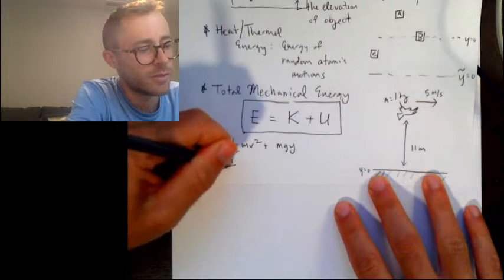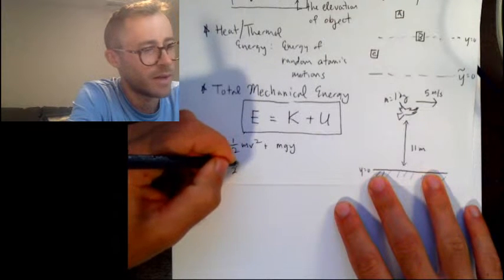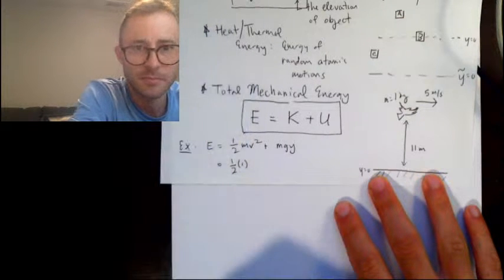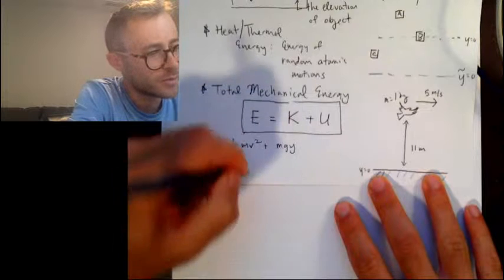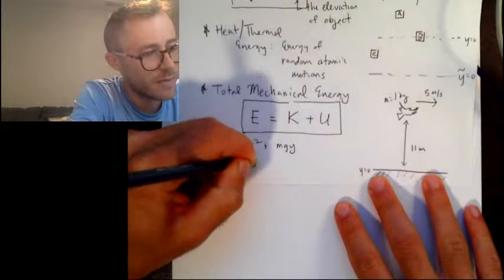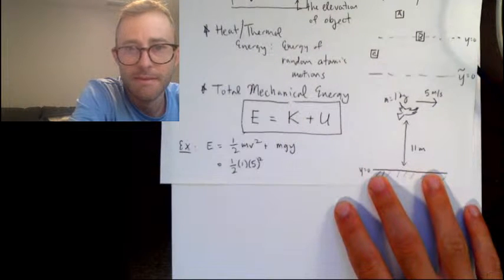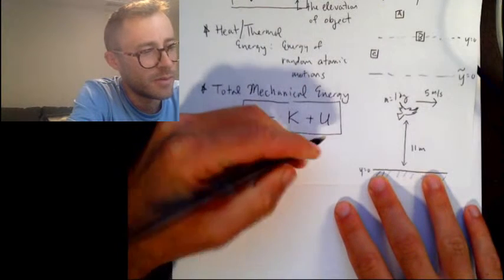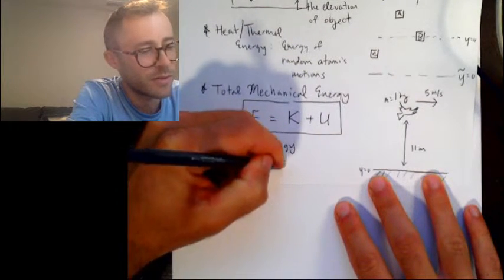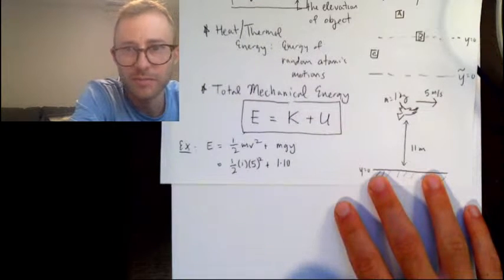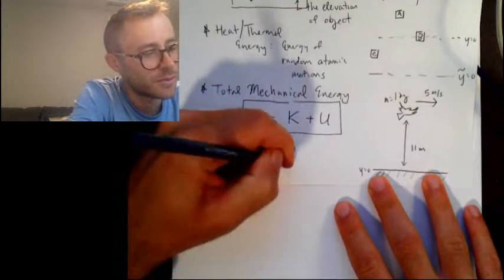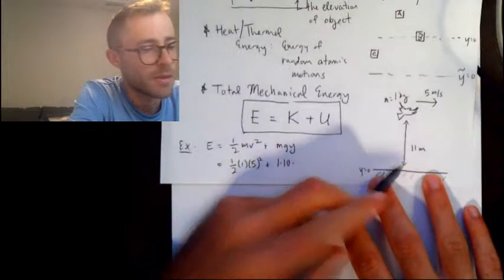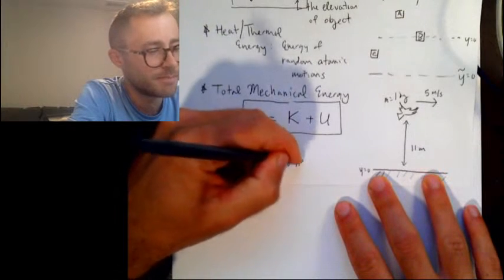So plugging in the numbers, 1/2 times the mass, which is 1, times the speed, which is 5, and I square that, plus m, which is 1, times gravity, this is a bird on Earth, 10, times elevation, which is 11.